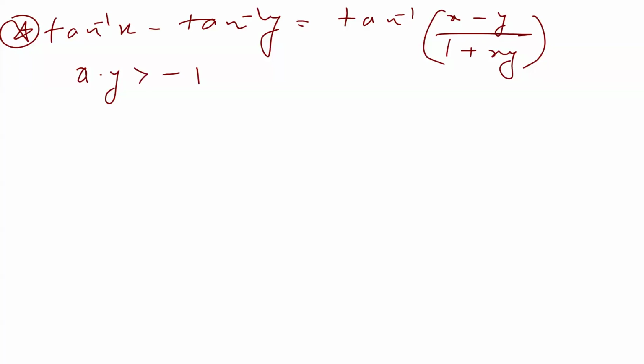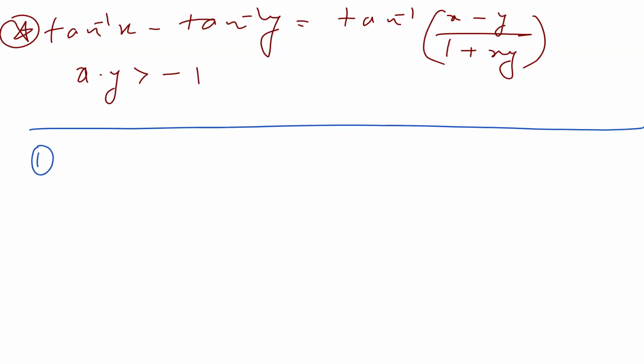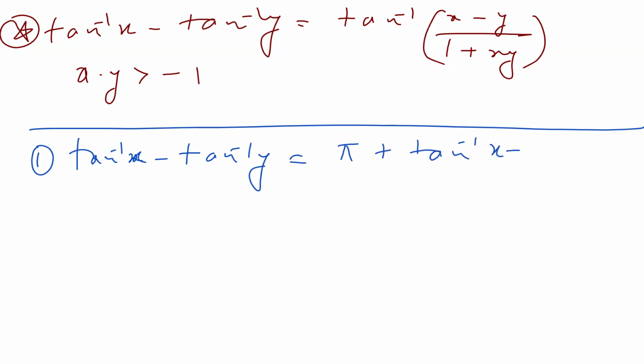Now the special case over here. There are two special cases. Tan inverse x minus tan inverse y is equal to pi plus tan inverse of (x minus y) upon (1 plus xy). Okay.